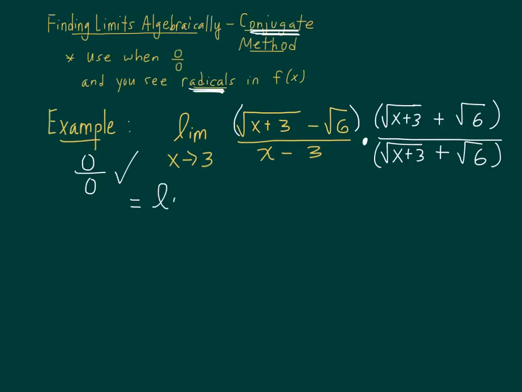So let's clean this up. The nice thing about multiplying by the conjugate is when you go to do your FOIL, the inner and the outer terms are going to cancel each other out since you have opposite signs. So we really just need to account for the first term times the other first term, and then the last term times the other last term.